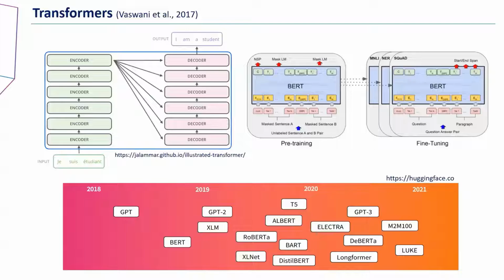The transformer was introduced by Vaswani in 2017, and I think Dr. Ahmed Abdul Ali explained very deeply yesterday about the transformers and many models in the transformers. But I want to share with you here the blog from Jay Alammar.